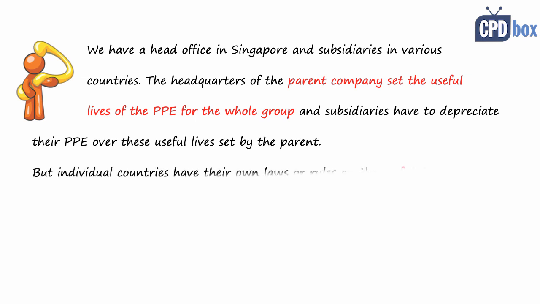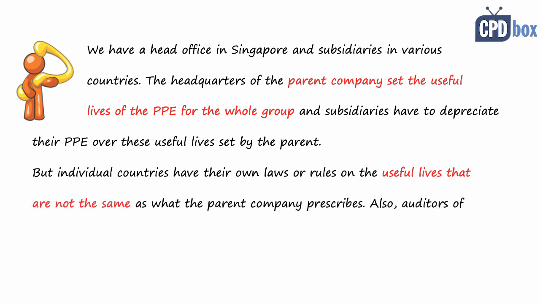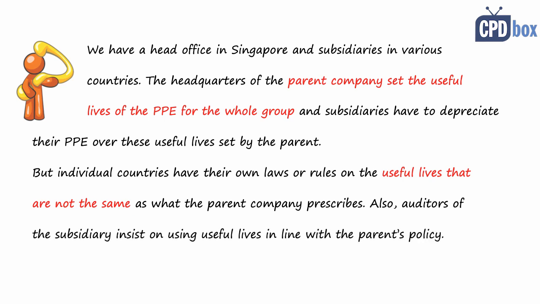But individual countries have their own laws or rules on the useful lives that are not the same as what the parent company prescribes. Also, auditors of the subsidiary insist on using useful lives in line with the parent's policy. How can this be handled in the financial statements? I'm not sure how to handle this, and your advice will be well appreciated. Looking forward to hear from you, Junik.